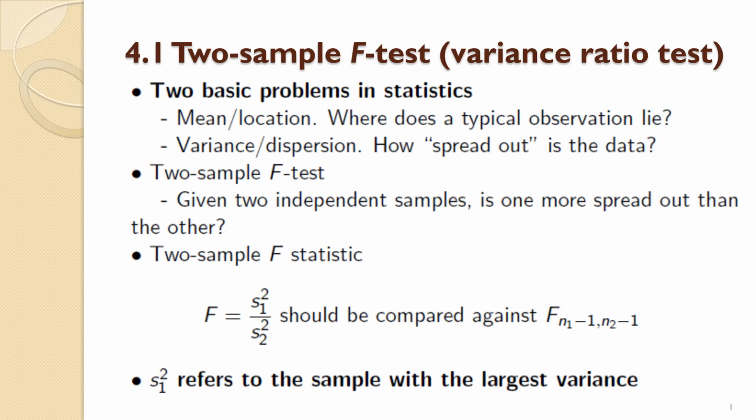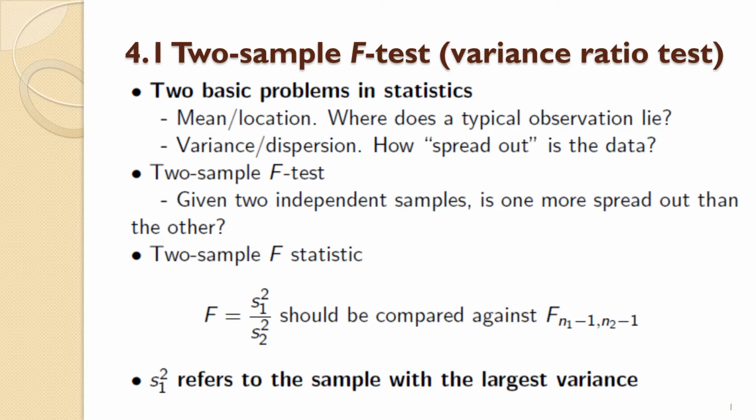In order to do the two-sample F-test, you need this two-sample F statistic, which is just the ratio of the two best estimates of the sample variance. Then you have two sets of degrees of freedom.